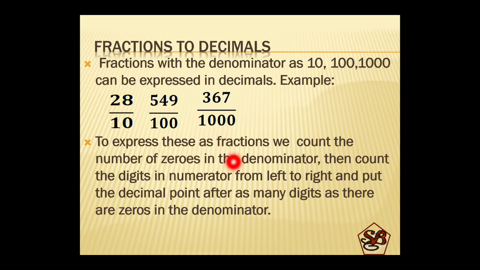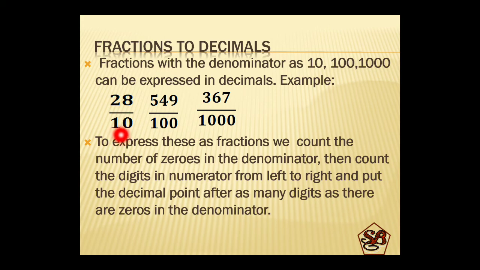To express these as decimals, we count the number of zeros in the denominator, then count the digits in the numerator from right to left and put the decimal point after as many digits as there are zeros in the denominator.